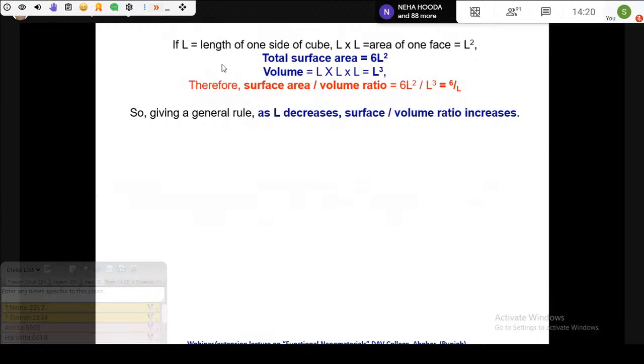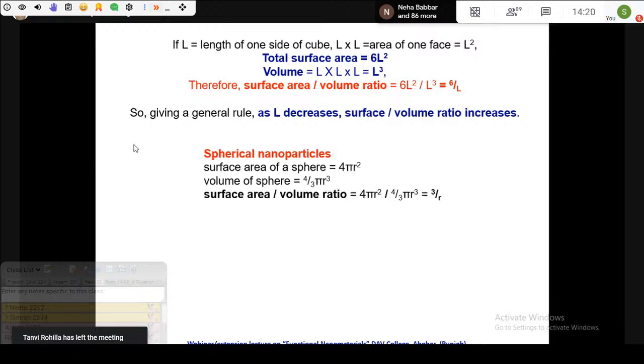Now, if we want to formulate this, then simply we can say that this is inversely proportional to the size, length, whatever it is, depending on the shape of your particle. For a spherical particle, again the same thing. If you take any sphere of radius r, then the volume and surface, and then the ratio of those, you find the same.